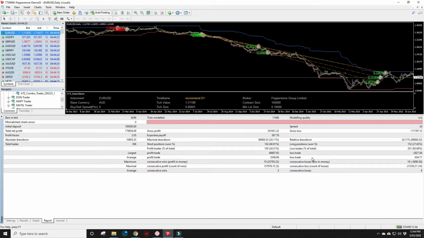Also, in terms of our trade win percentage, we had a relatively low trade win percentage. Short positions won 40% or 41%, long positions won 27%. So you can see that we're well below the 50% trade win, but our principle of trend following is looking at the edge that arises from the average win to the average loss ratio.